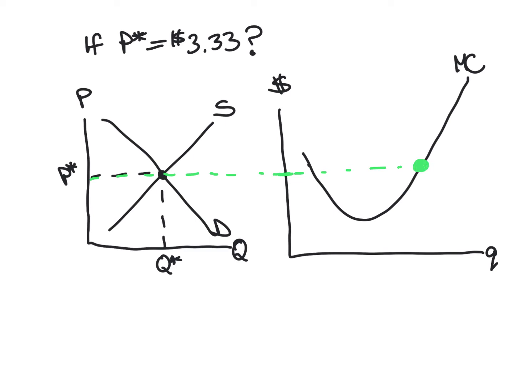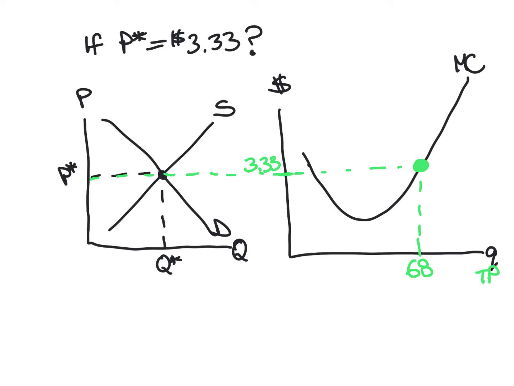So that happens right here. And so at $3.33, their profit maximizing level of production according to our table of numbers would be 68 units. So the quantity produced by our firm, or what we can also call the total product, would be 68 units. So now the question is, are they making a profit or are they losing money?